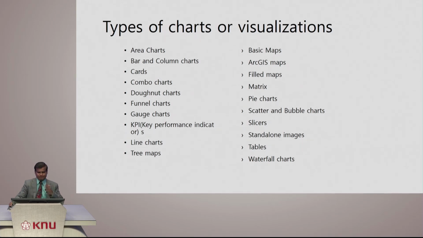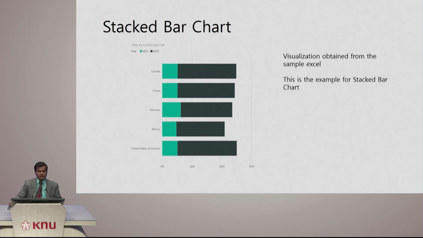There are different charts, as you can see: area charts, donut charts, funnel charts, pie charts, matrix, ArcGIS maps, slicers, tables, waterfall charts, a lot of charts available. Let's quickly look at a few charts. Here's a stacked chart. As you can see, it is a horizontally stacked bar chart.